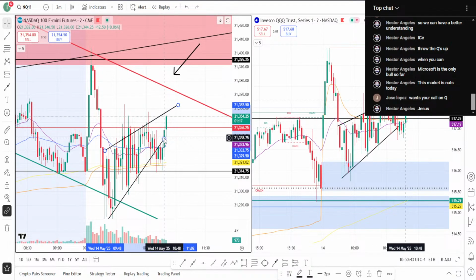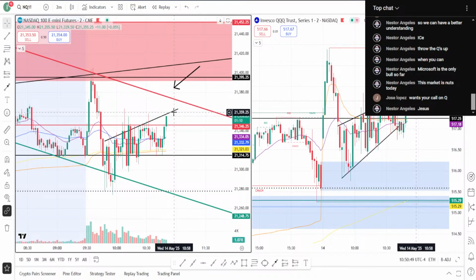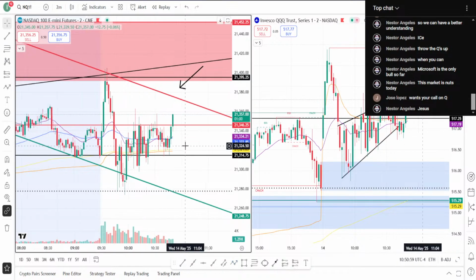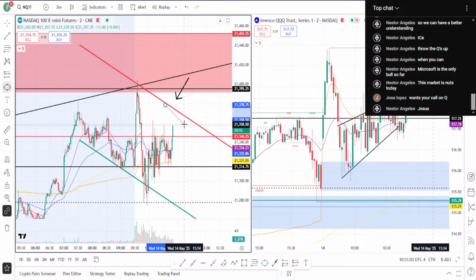But yeah, what I would be looking for if you guys continue to trade is a breakout out of this potential channel. This could be a channel down here. We could find sellers over at these highs.